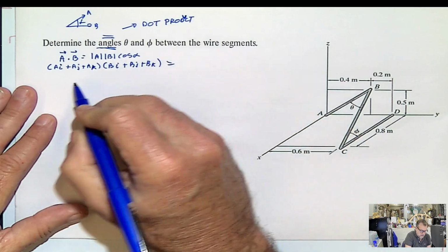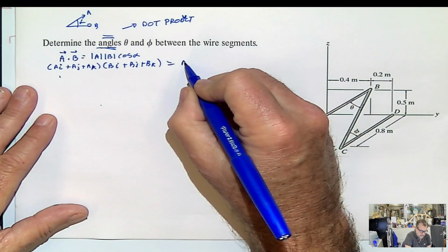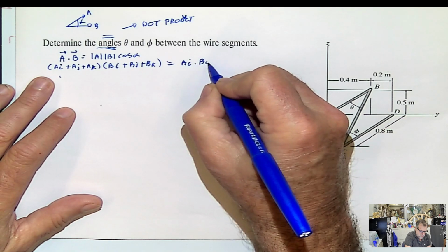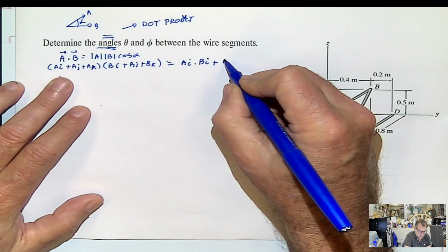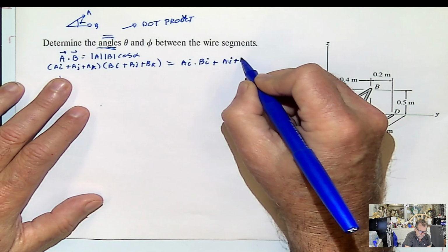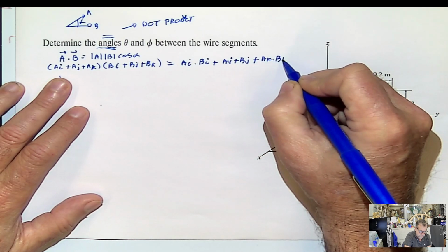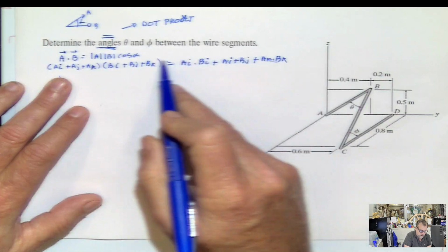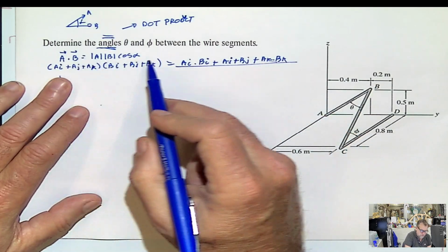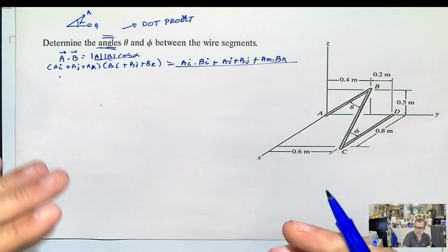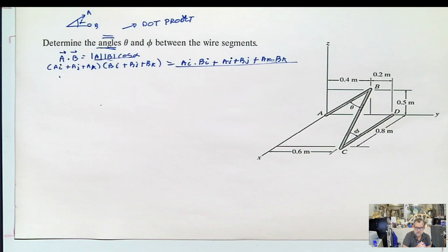That will be AI times BI plus AJ times BJ plus AK times BK. So there are two definitions. This is the vector type definition and this is the scalar definition. But remember, every time that you do the dot product, that's a scalar.